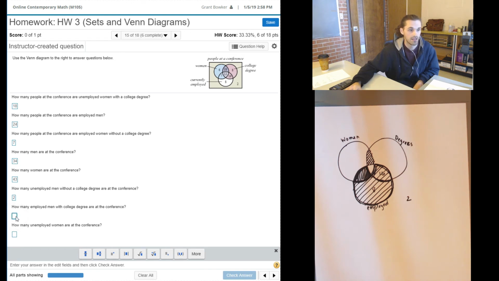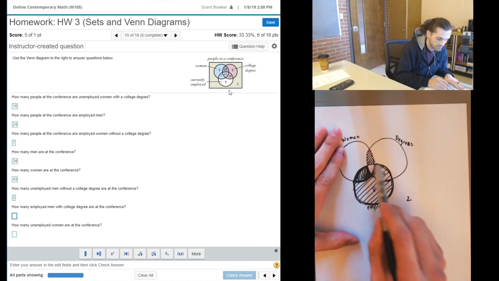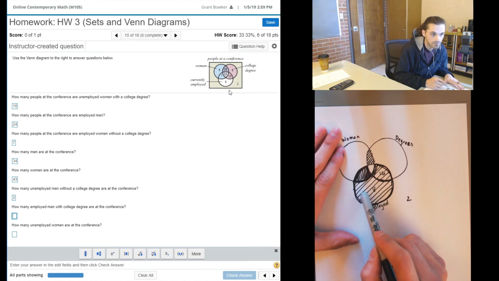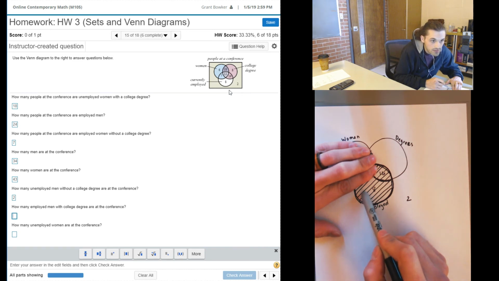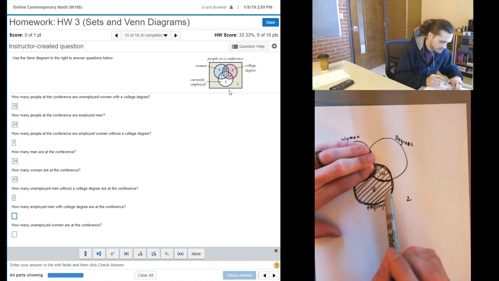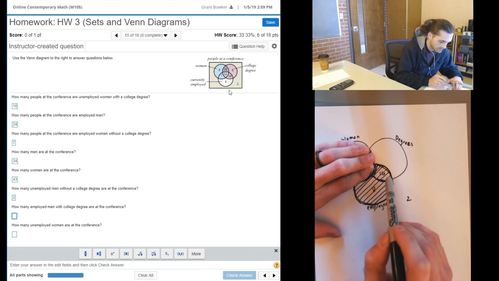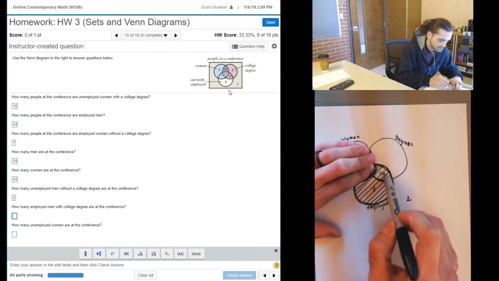How many employed men with a college degree are at the conference? Let's see, employed men with a college degree. So currently employed means you have to live inside of this set. Men means you have to live outside of the woman set. And with a college degree means you have to live inside of the degree set as well.